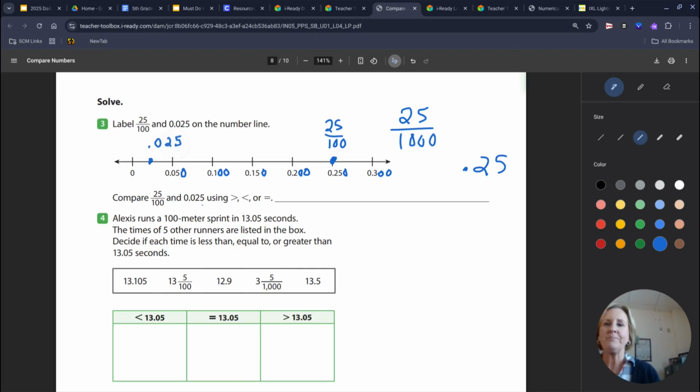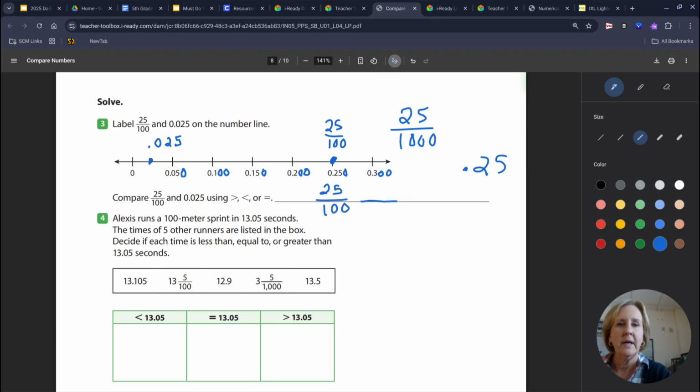Woohoo, we're smart. Done. Now, clearly we can see the further we go right on the number line, the larger the number is. So if we are going to compare those two, apples and oranges, using one of these inequality signs, I'm going to write 25 hundredths. You should be writing in your book as well.